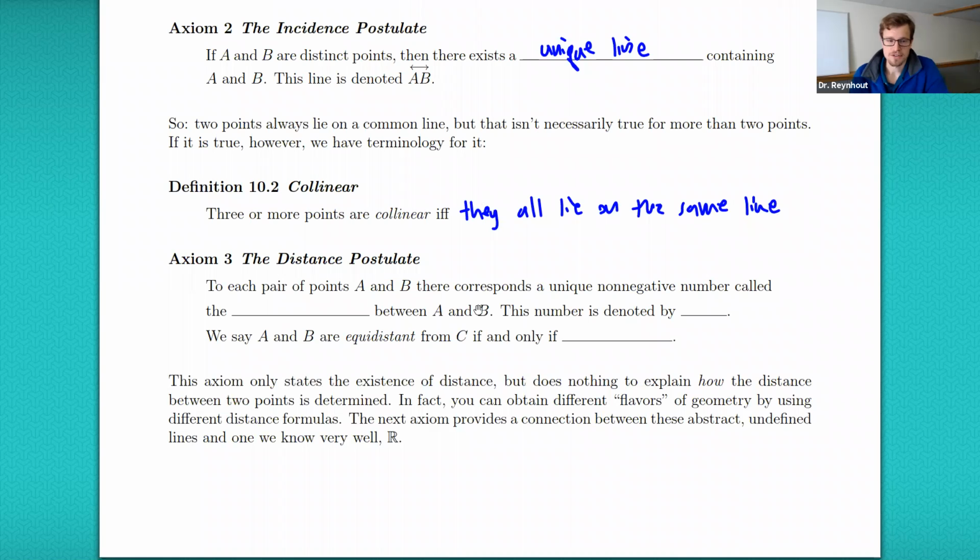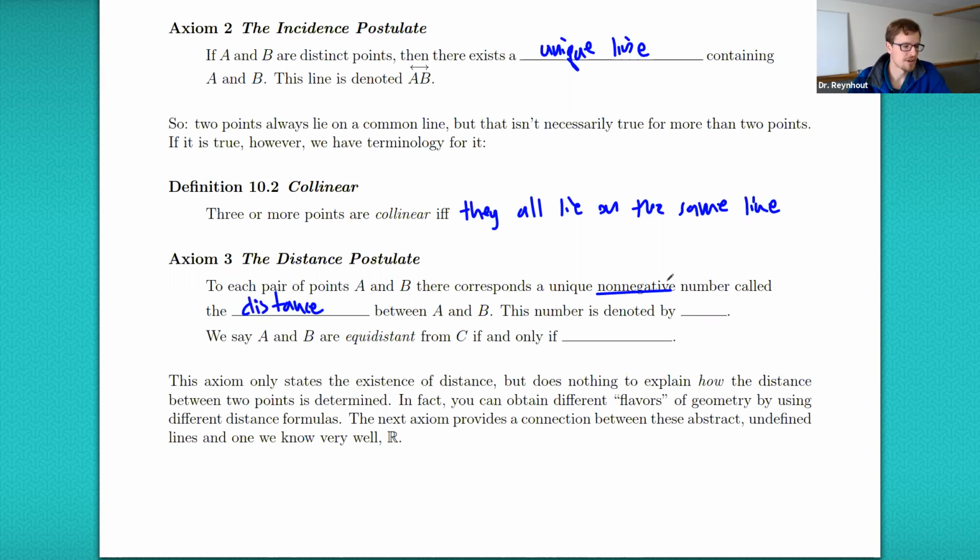The distance postulate then, our third axiom. To each pair of points A and B, there corresponds a unique non-negative number called the distance between A and B. It is important that we remember that this is a non-negative number.